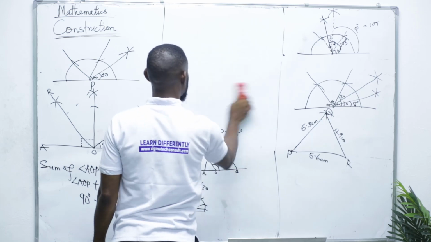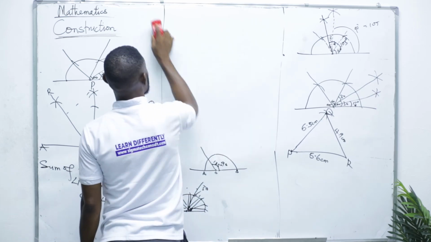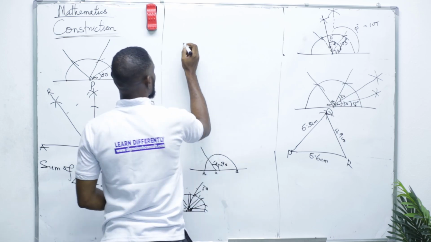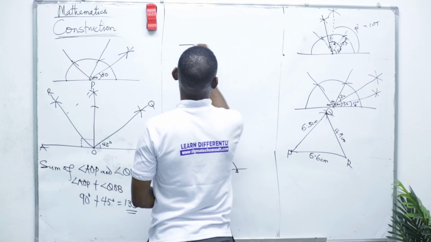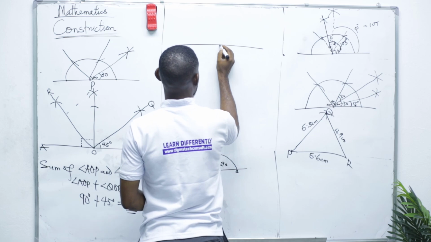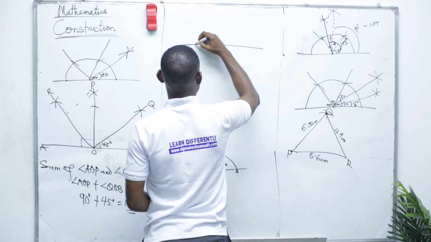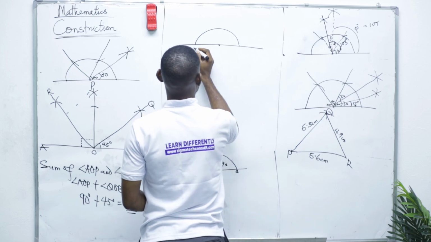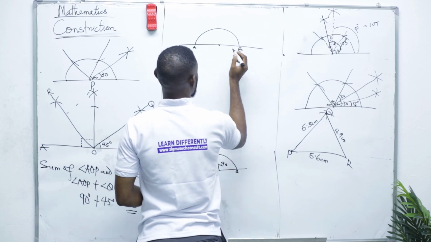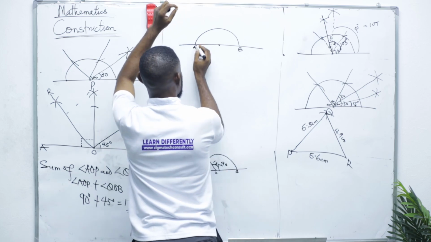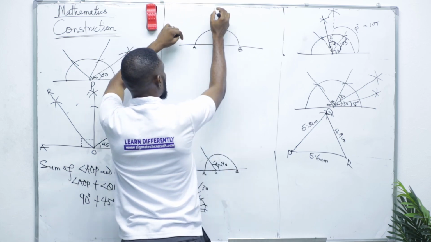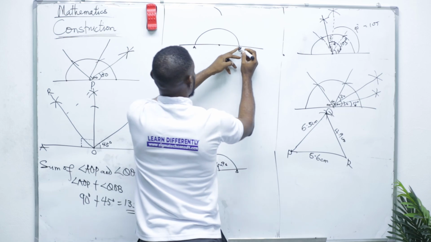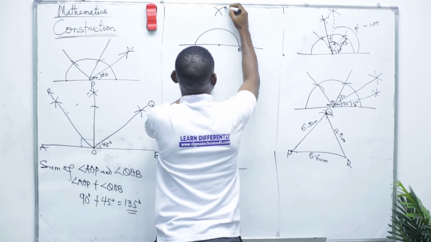To get 90, when you do a semicircular arc and you bisect it, we say this is our line. Let's say this is our center, and we do a semicircle. Then these are A, B. We open any radius of our choice, put it at point A, and make an arc. At point B also, you make an arc.